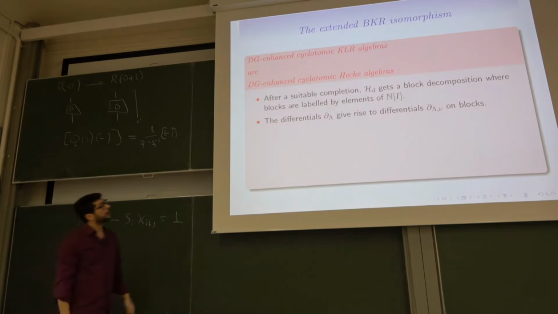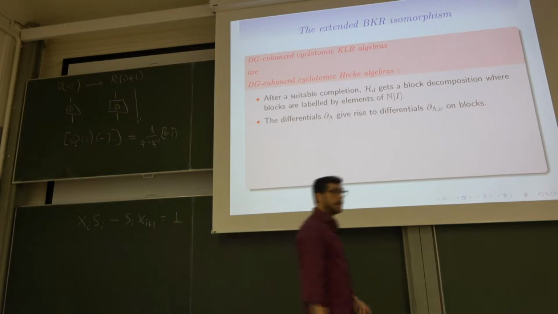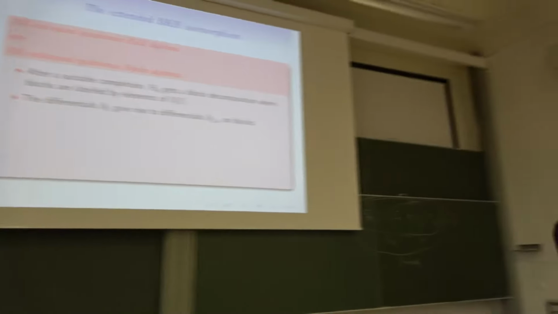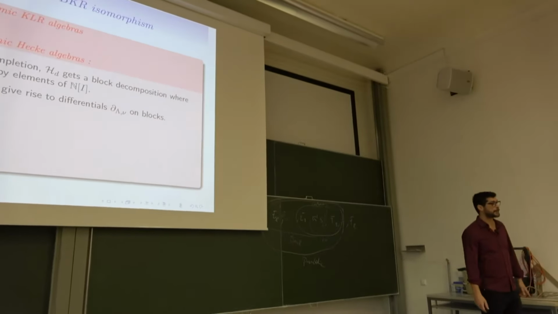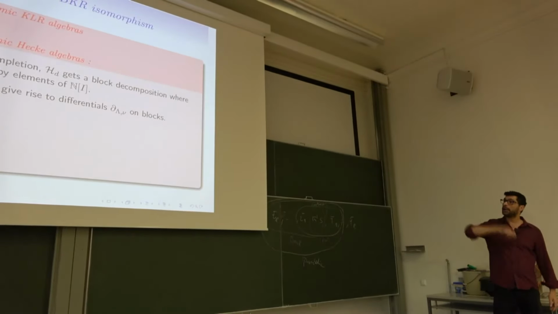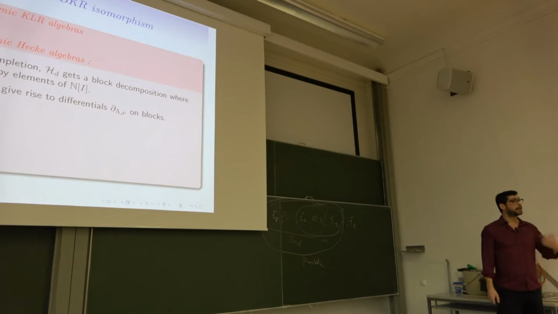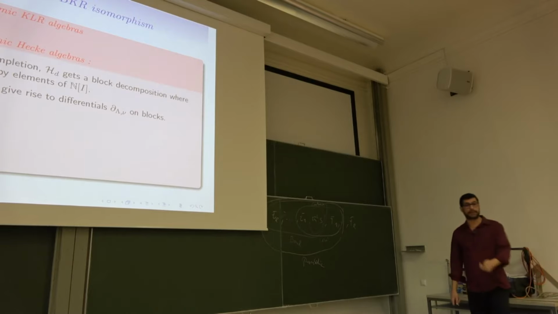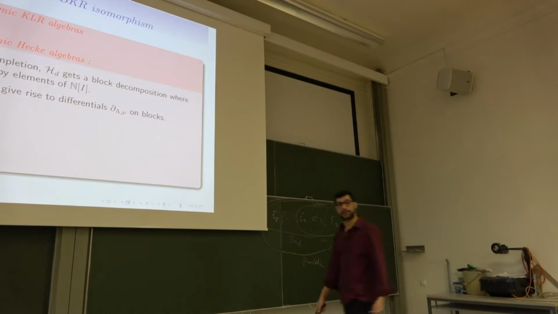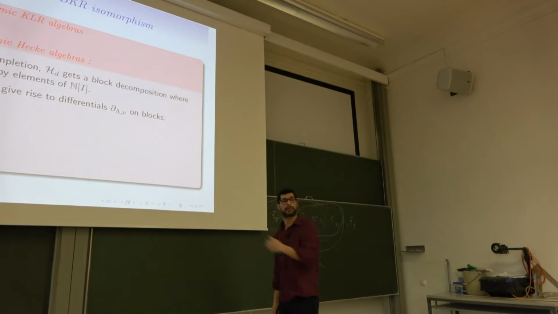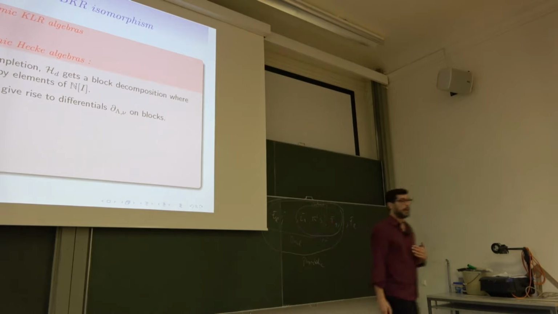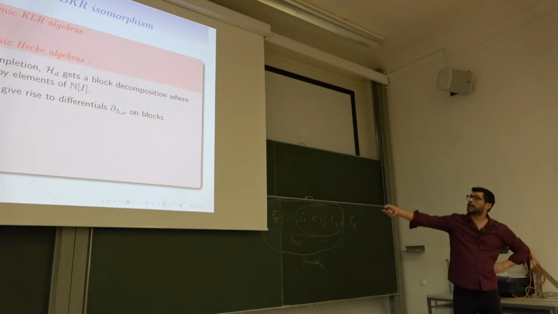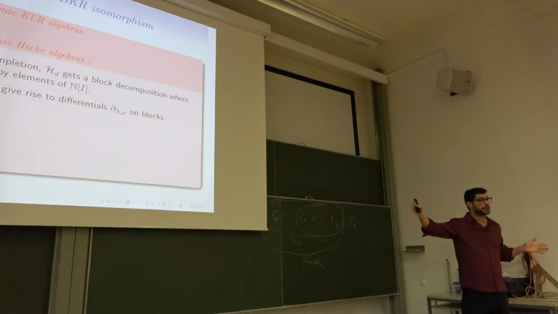Now either you can localize both algebras with respect to something, or take a completion, as is done in Brundan and Kleshchev's paper and some papers from other people that came out later. Then the Hecke algebras get a block decomposition.